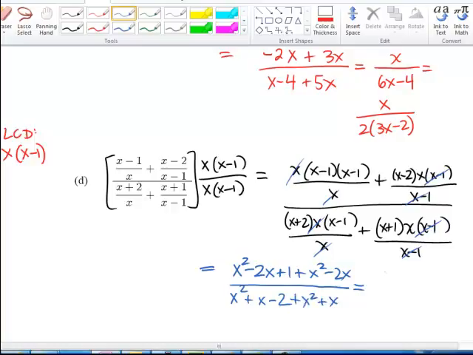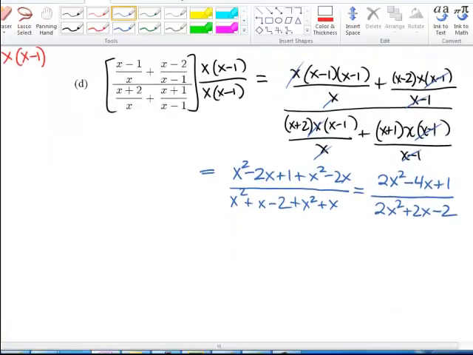Then if we regroup like terms, again we can't cancel here because we don't have factors, so we can't cancel these x squareds because they're terms, not factors. So we have 2x squared minus 4x plus 1 divided by 2x squared plus 2x minus 2. And then we try to factor where we can on that group.